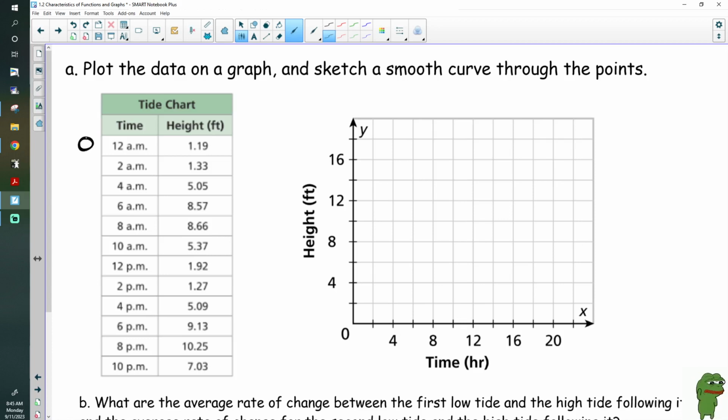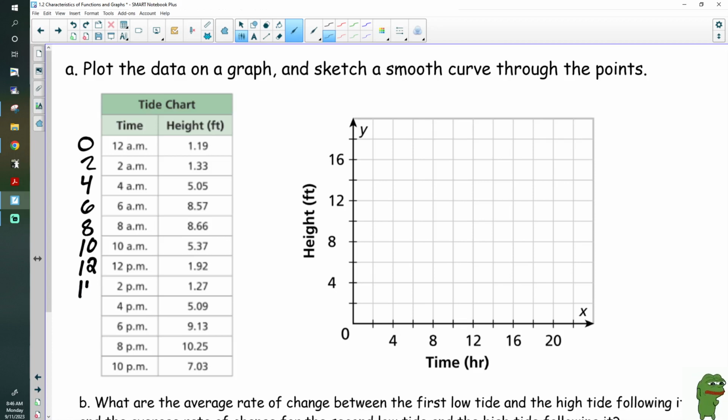So 0 hours, 2 hours, 4, 6, 8, 10, 12, which you're like, you're writing all the same numbers, but instead of going back to 2, because our x-axis doesn't go back in time, it doesn't work like time, it keeps going up.